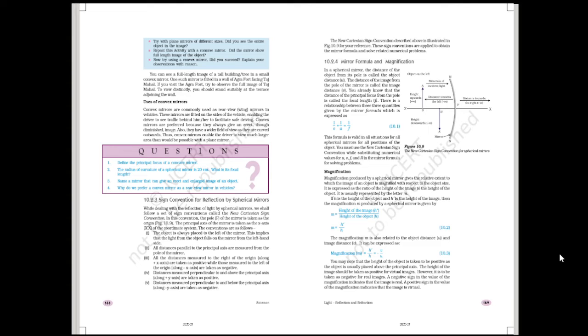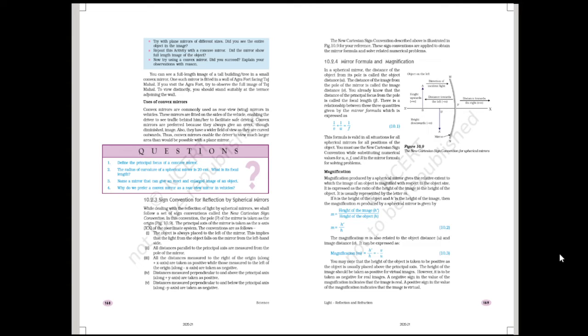Now we have sign convention, often used for spherical mirrors. In it, we use the Cartesian sign convention. What are the Cartesian sign conventions? This has 5 points. What are they?